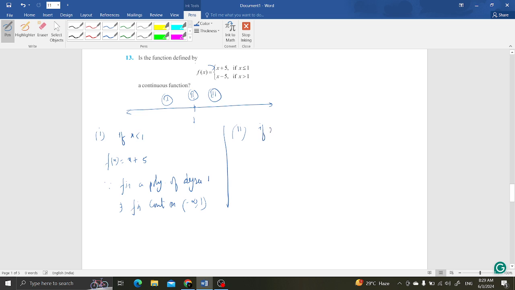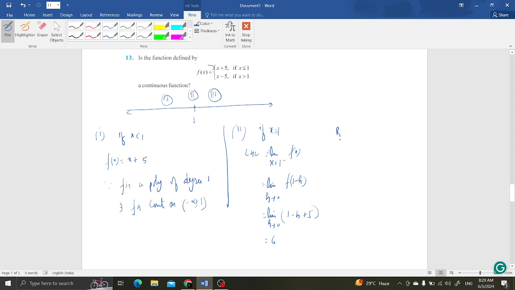Second case, if x equals 1, then we need to check the LHL, RHL and the f of 1 value. Limit x tends to 1 negative, f of x, is limit h tends to 0, f of 1 minus h. What is 1 minus h? Find it by the above one: 1 minus h plus 5, that will be 6.